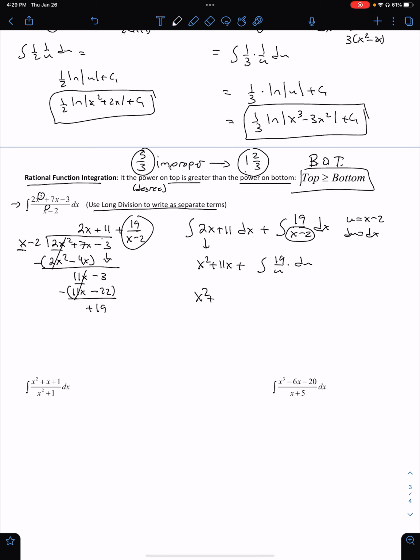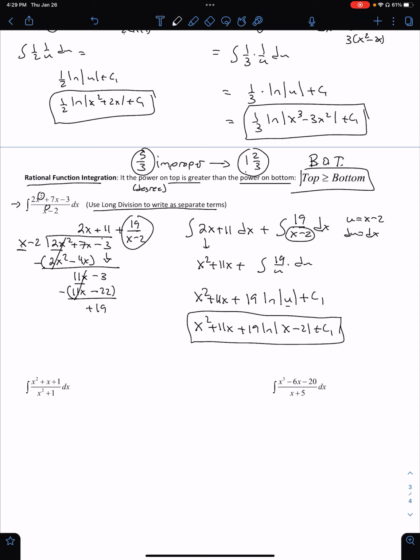This is x squared plus 11x plus 19, the u's on bottom, natural log of the absolute value of u plus C1, and I just replace my u. x squared plus 11x plus 19 times the natural log of the absolute value of x minus 2 plus your constant of integration. Man, these are starting to get ugly.